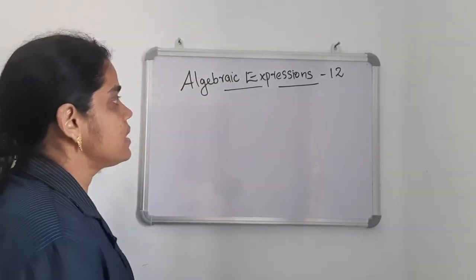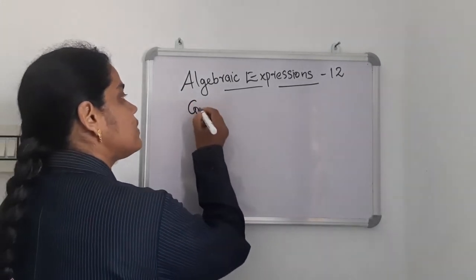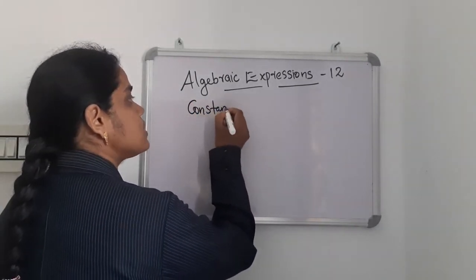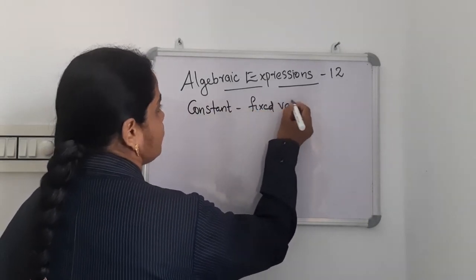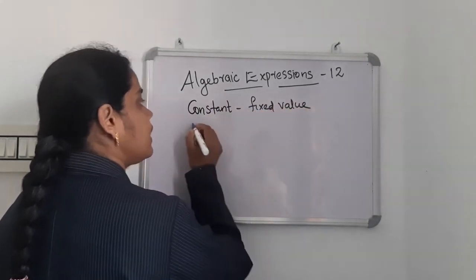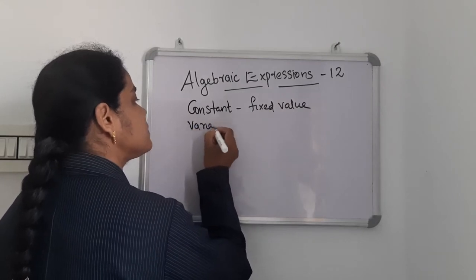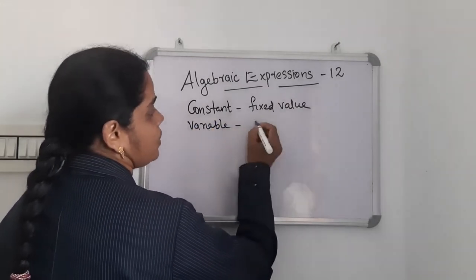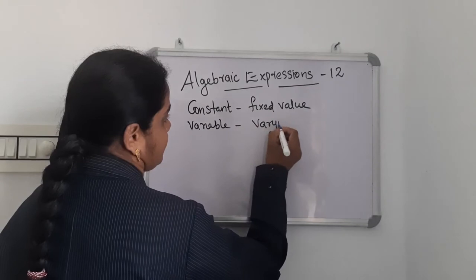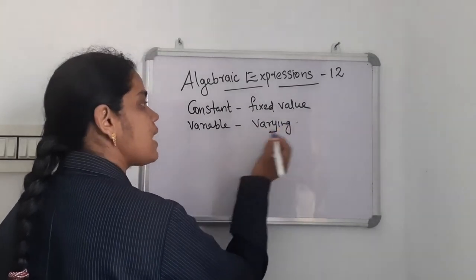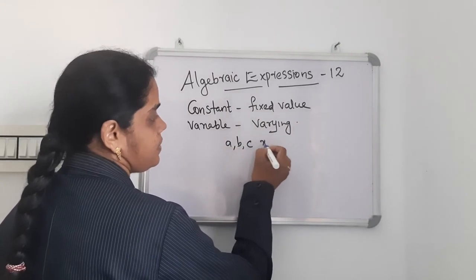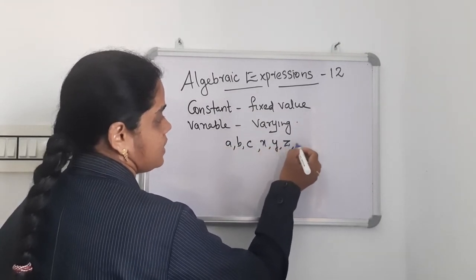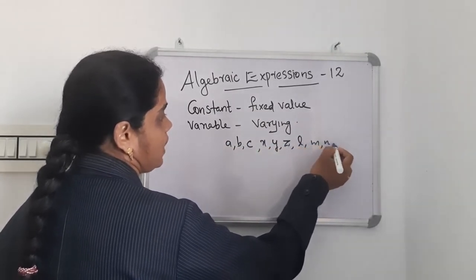So a constant means it has a fixed value. A variable means its value is varying. Any English alphabets you can use: a, b, c, x, y, z, l, m, n.